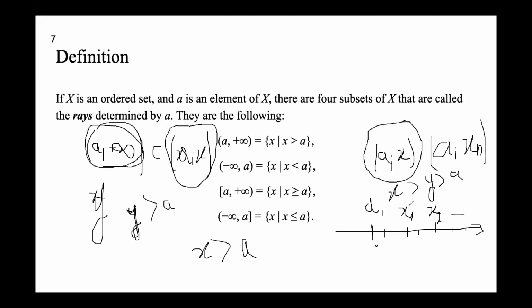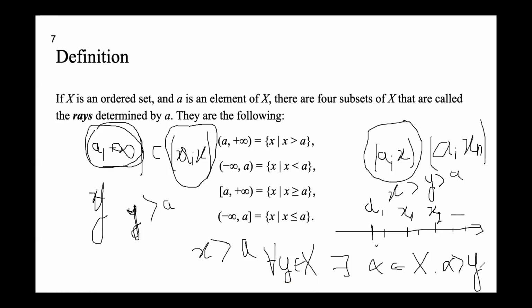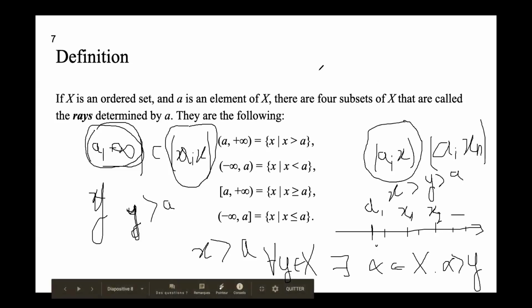It seems that you just pick some Y such that Y is greater than A. There is a lemma that suggests that for every Y in a set, there exists an alpha in that set that is greater than Y. Unless there is one situation where there does not exist another alpha greater than Y. What if Y is the biggest element, right?